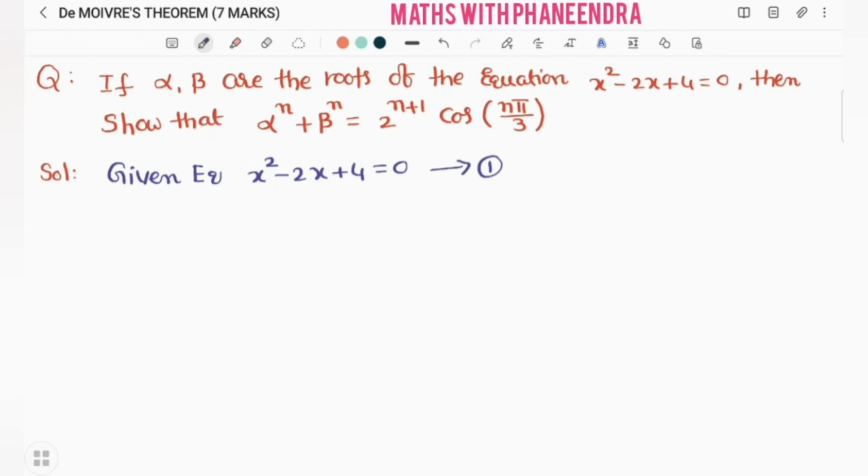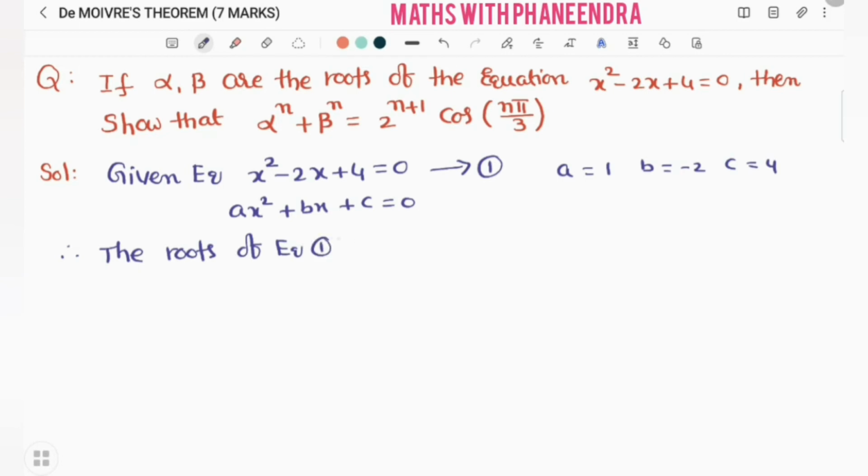It is in the form of ax square plus bx plus c, where a is equal to 1, b is equal to minus 2, c is equal to 4. Therefore, the roots of equation 1 are x is equal to minus b plus or minus root of b square minus 4ac divided by 2a.